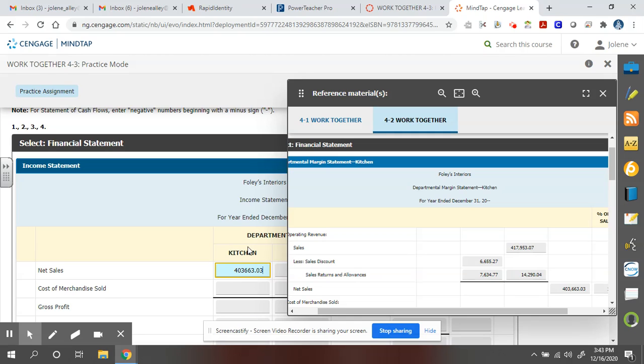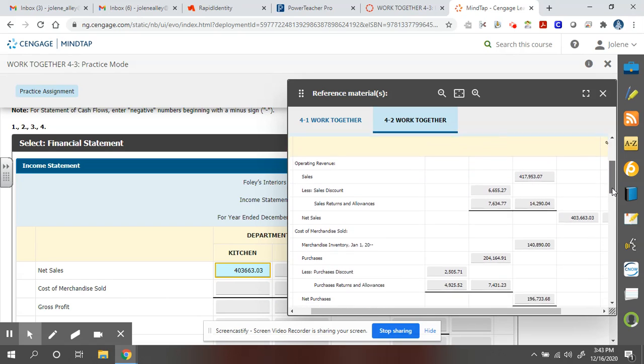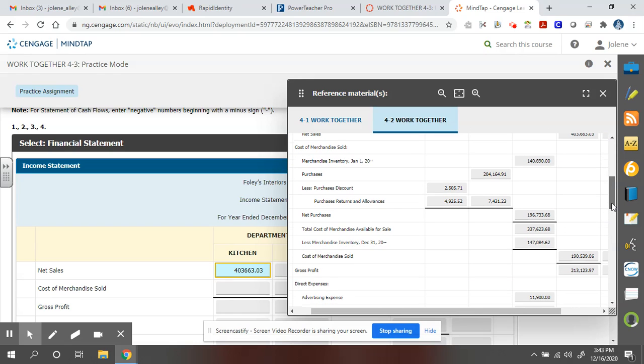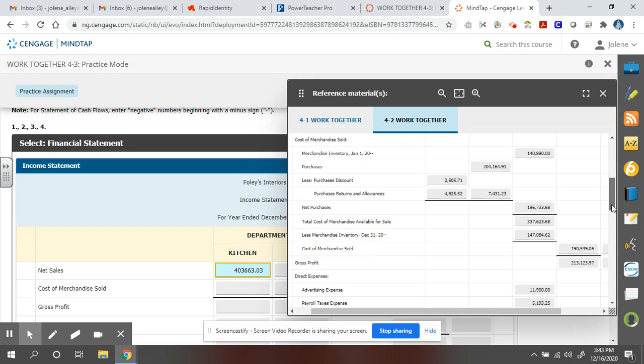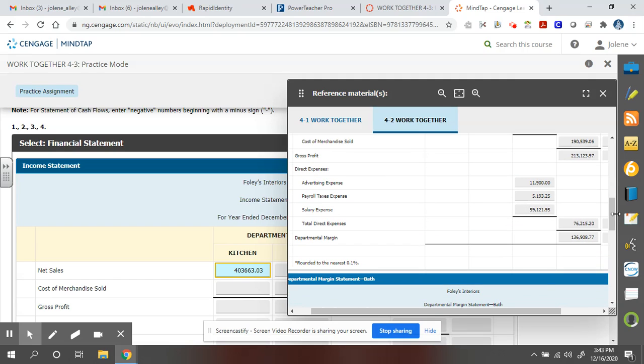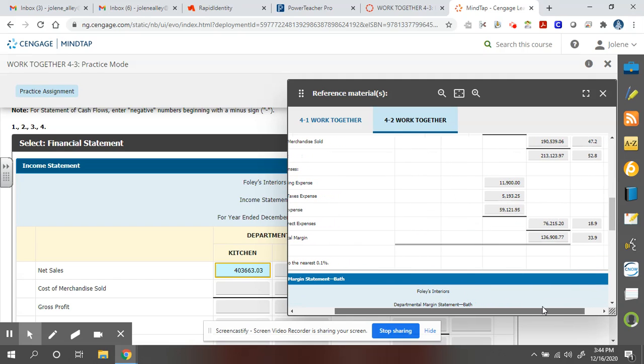Okay, so let's keep going with kitchen. It says cost of merchandise sold. So that's the next section. Cost of merchandise sold, this line down here. And it's this 190,539.06 right here.